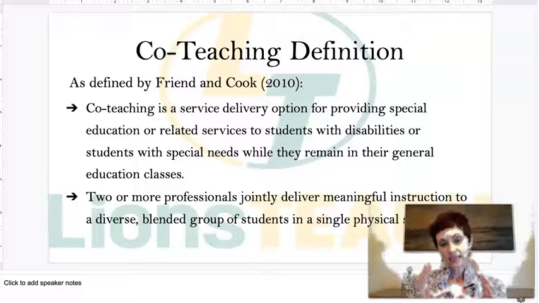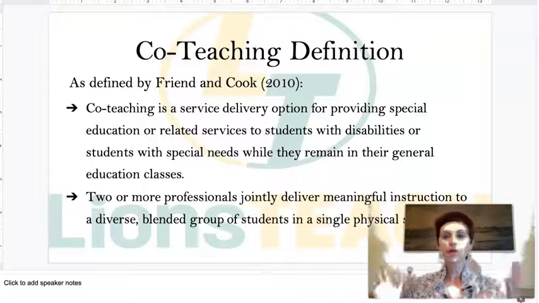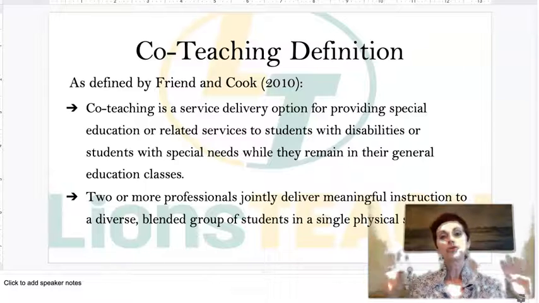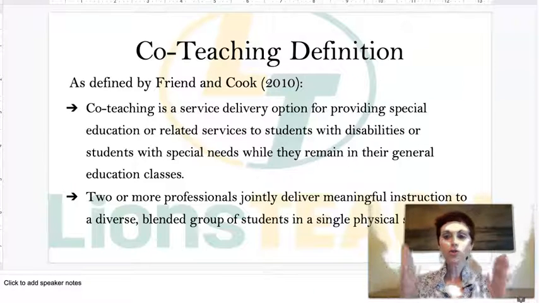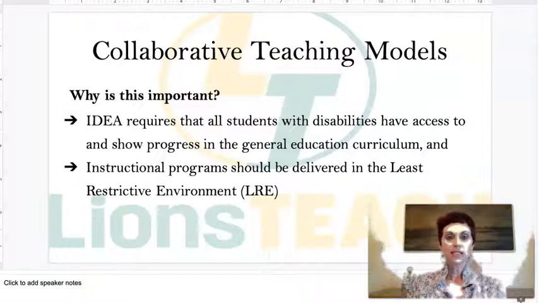And I'm emphasizing that because a lot of us do have teaching partners. We love our fourth grade teacher across the hall and we do everything together and we share ideas and we plan together. If you're working in two separate classrooms, you're not co-teaching. So remember, this is two professionals in one single space.